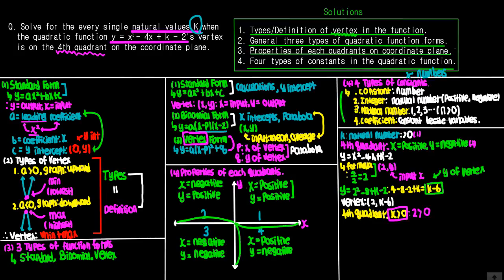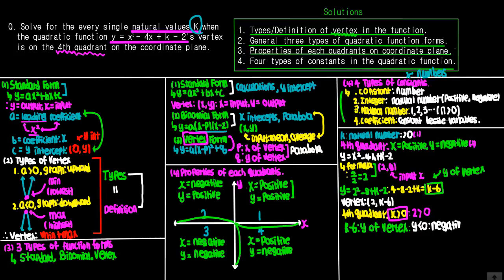Now let's go back to the second one, k minus 6, which is the y coordinate of the vertex. Our y value in the 4th quadrant should always be less than 0, which means it should be a negative value.